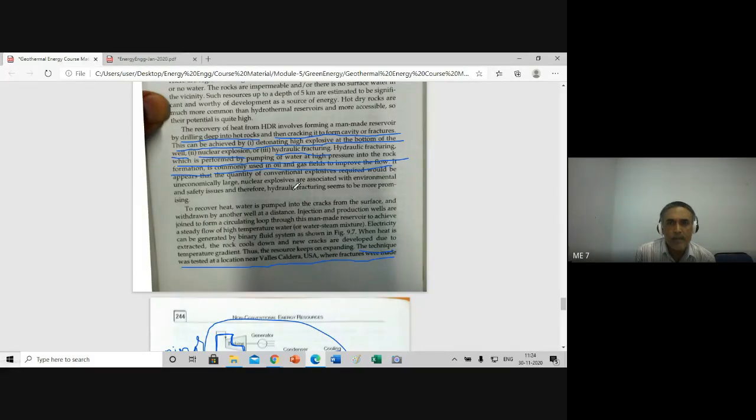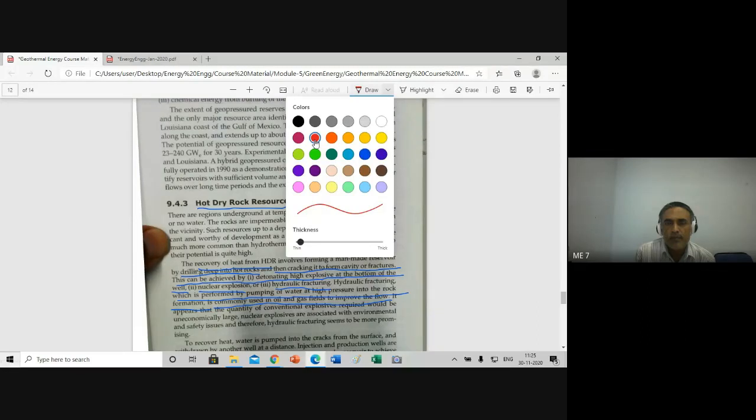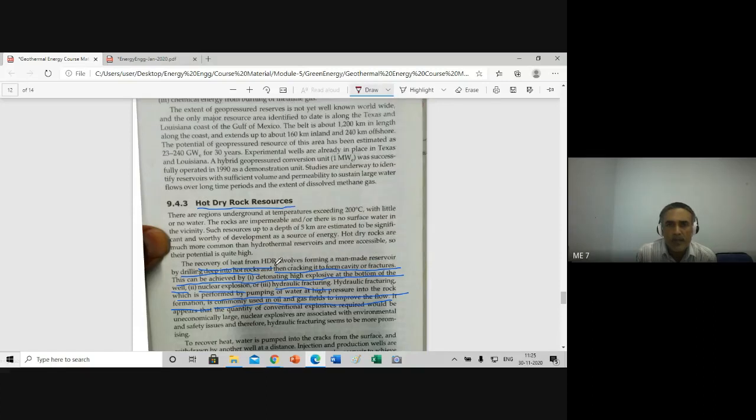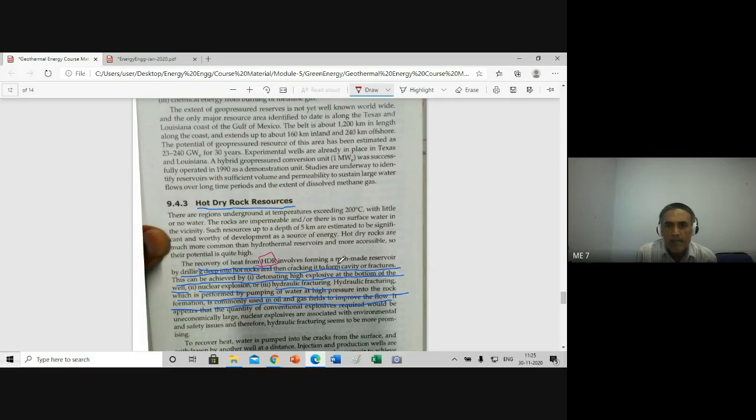Look at this. The recovery of heat from HDR. Hot dry rock system HDR involves forming a man-made reservoir. Man-made reservoir.